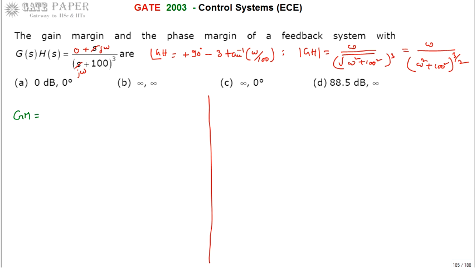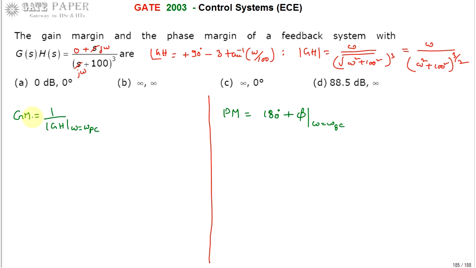Now we will write gain margin. Gain margin is defined as the reciprocal of magnitude of GH at phase crossover frequency omega PC, and phase margin is 180 degrees plus phi. This phi is measured at omega equal to omega GC, the gain crossover frequency.